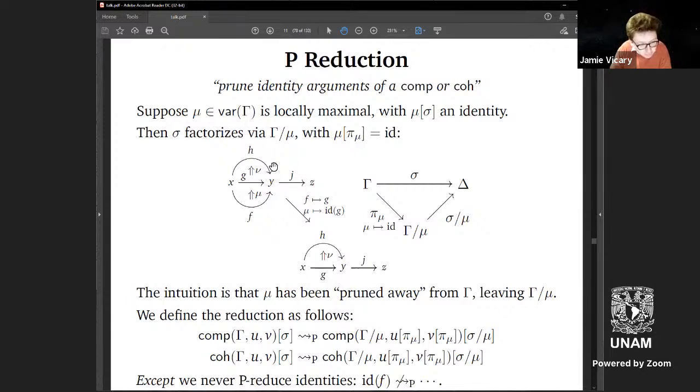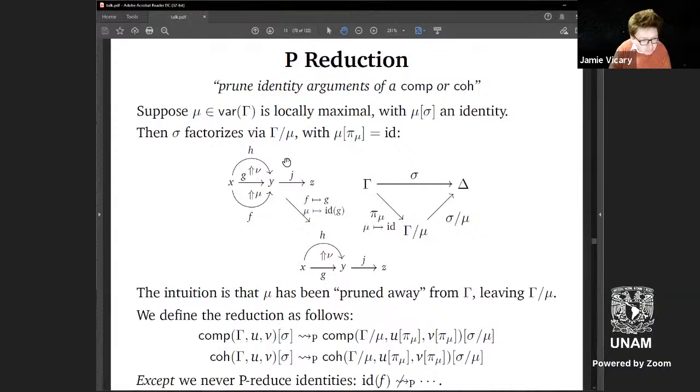So where originally we were composing over these three guys, now we're just composing over these guys. Mu has completely disappeared. And these terms, u and v, which are like the source and target of the composite, lived in gamma. What we've done is we've applied the functor pi mu to take u and v that lived in here, and we've sent them down here. So we have simplified our expression, because this composite is now over gamma slash mu. It's a smaller context than gamma, right? It's a free infinity category on less stuff. So we've really simplified our composite.